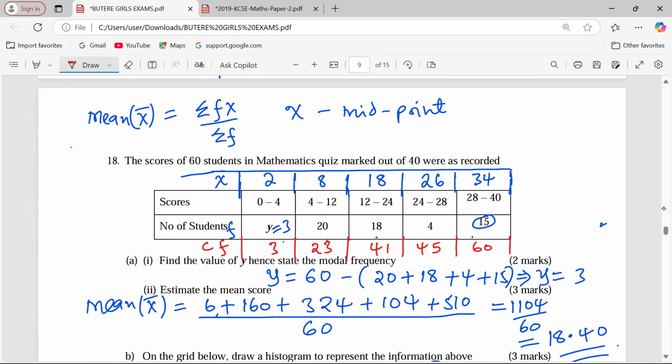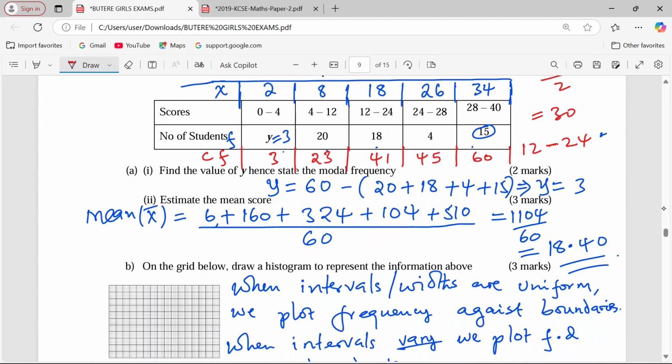So for us to get the median class, we are supposed to get 60 divided by 2. This gives us 30. So we need the class where the 30th student is contained, and that is the class 12 to 24.